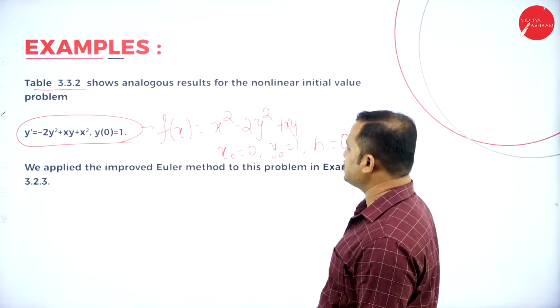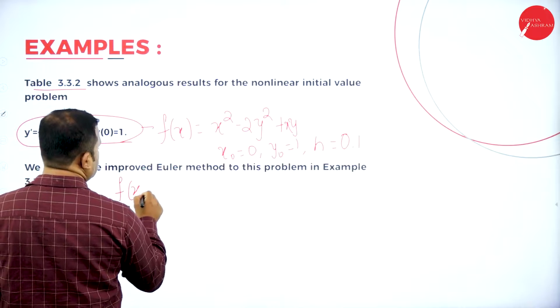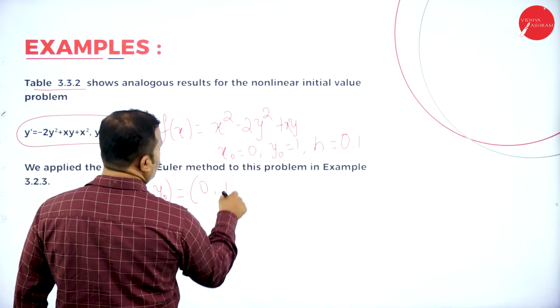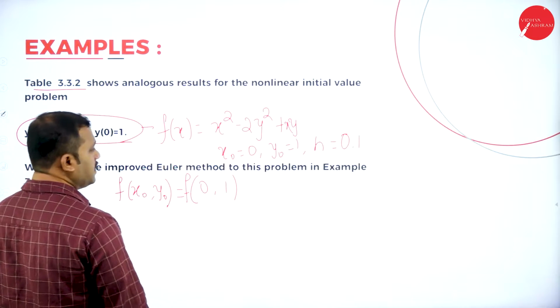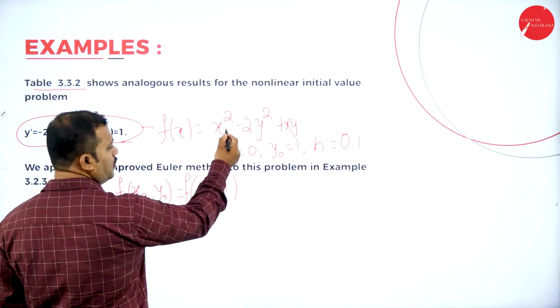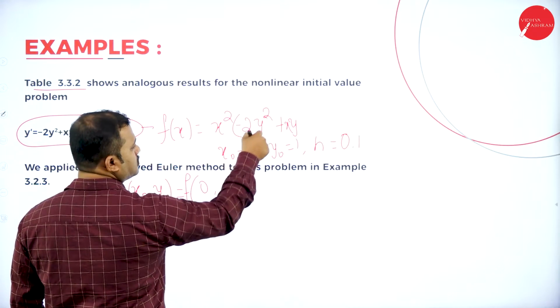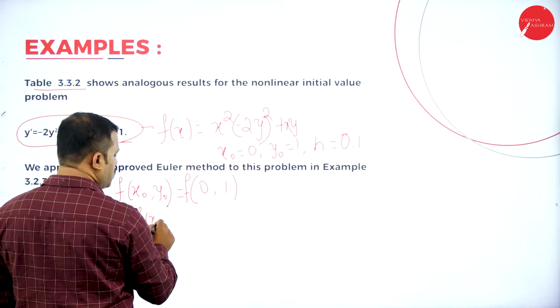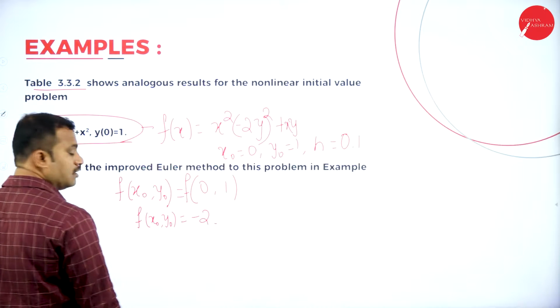If that is the case, let me consider the value of f of x0 comma y0, that is f of 0 comma 1. In this case, I have to substitute this 0 into this equation, 1 into this term, so that this becomes minus 2. That means f of x0 comma y0 is equal to minus 2.